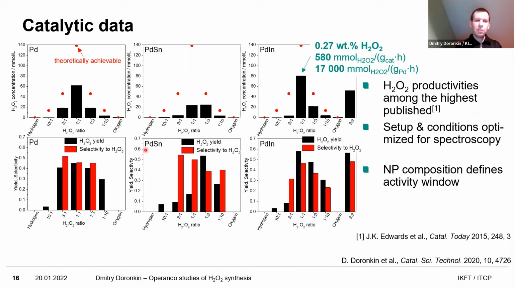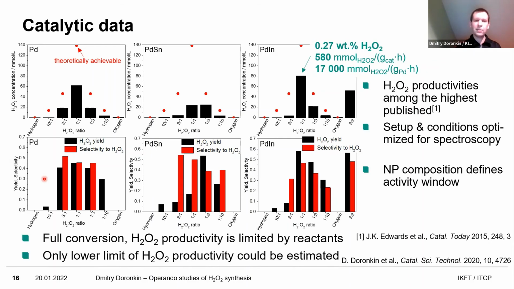And then if we look at yields and selectivities, one can note that the highest values lie around 0.5, so 50% yield at 50% selectivity, which effectively means that we have failed to get the kinetics, simply because we get full conversion, and that means we are not supplying enough hydrogen or oxygen.